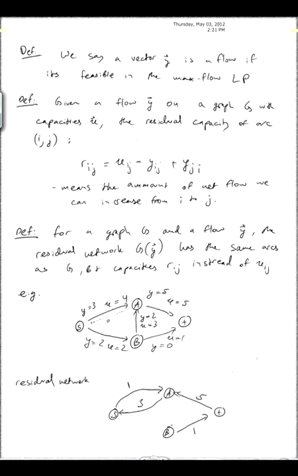So from B to A, the residual capacity is 1 because I could potentially get one more truck to go up here. And from A to B, the residual capacity is 2 because I could potentially back off on the 2 trucks that are going across that edge. And so the final edge here from S to B has 0 residual capacity, but from B to S has a residual capacity of 2.